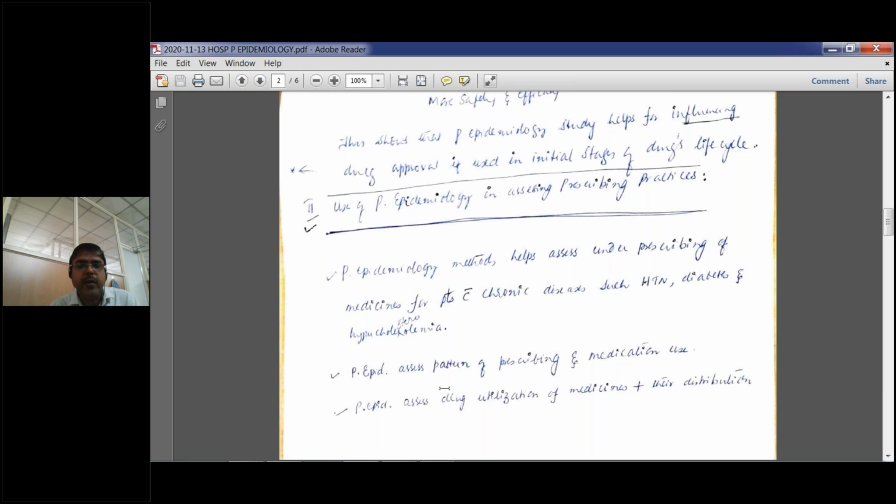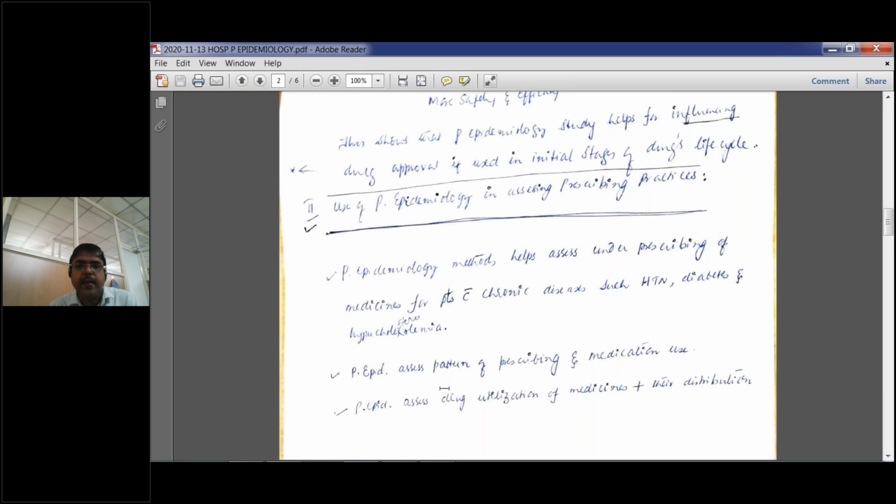So you need to find out whether the doctors are prescribing in the same pattern. If they are not, what is the reason for deviating from the pattern of prescribing or the choice of drugs? This is what we are going to assess in the pharmacoepidemiological concept in the hospital setting.